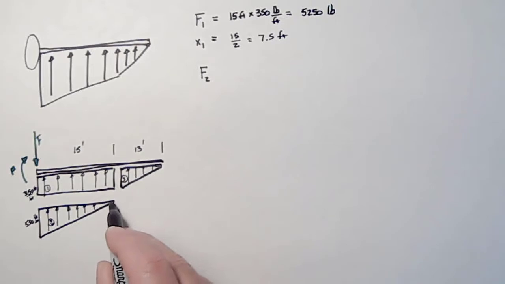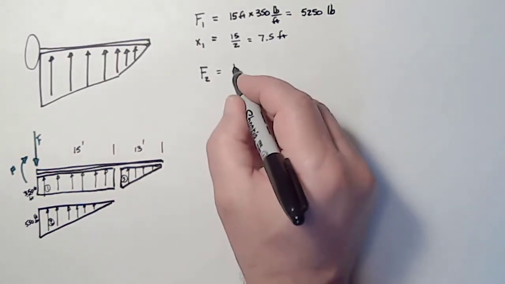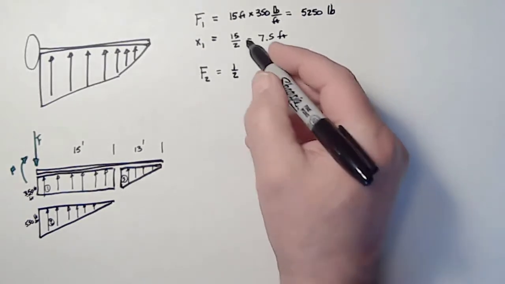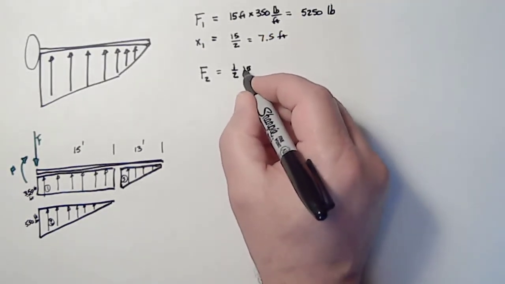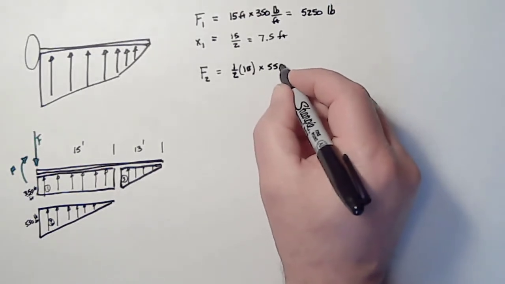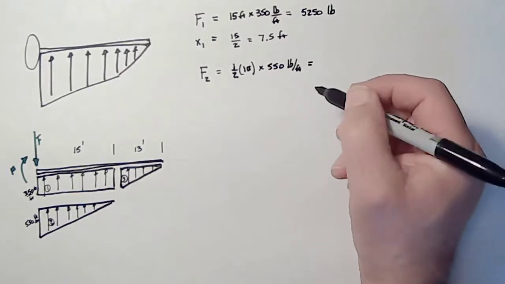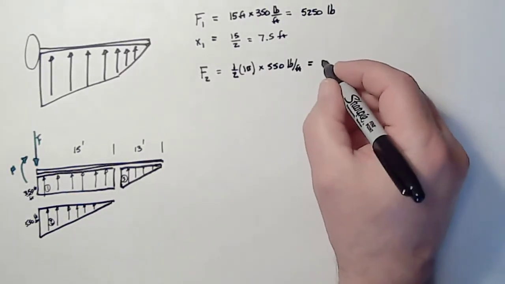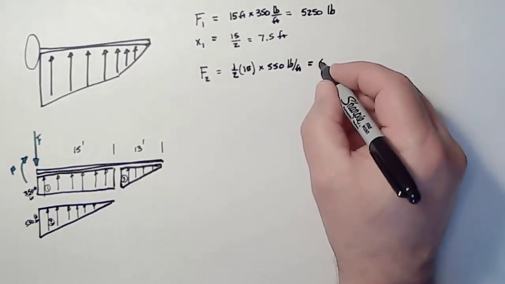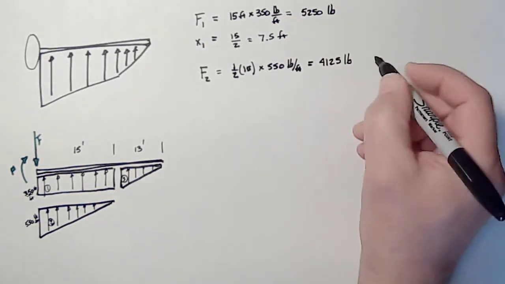F2, which is the area of this triangle, is 1/2 base times height. Base is 15 feet times 550 pounds per foot, or 4125 pounds.